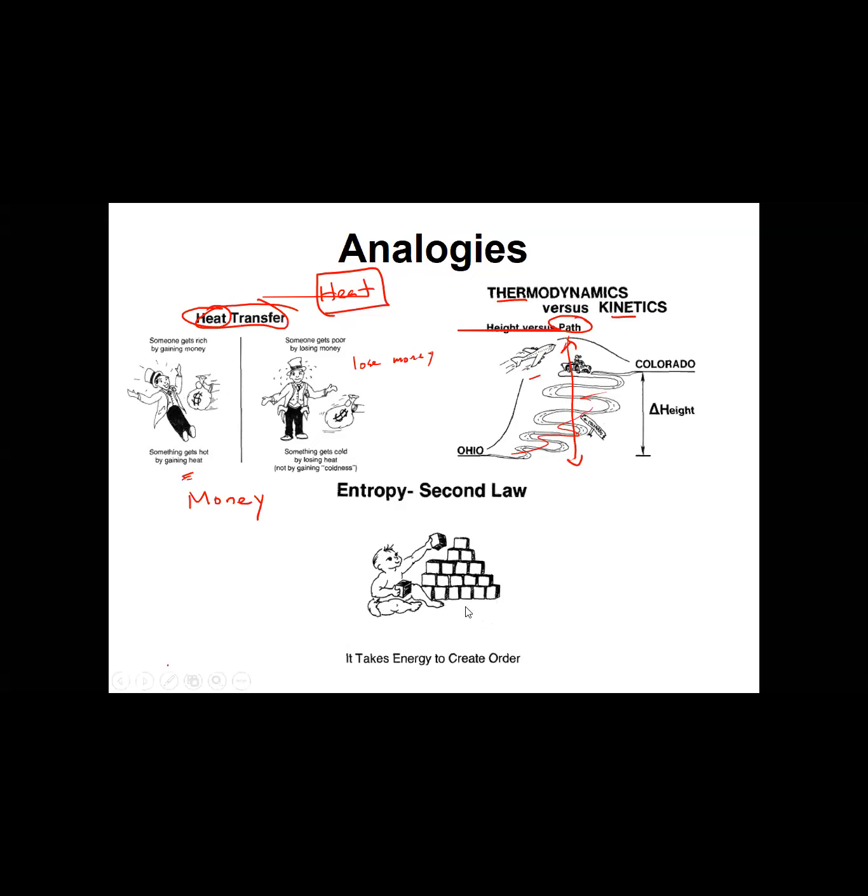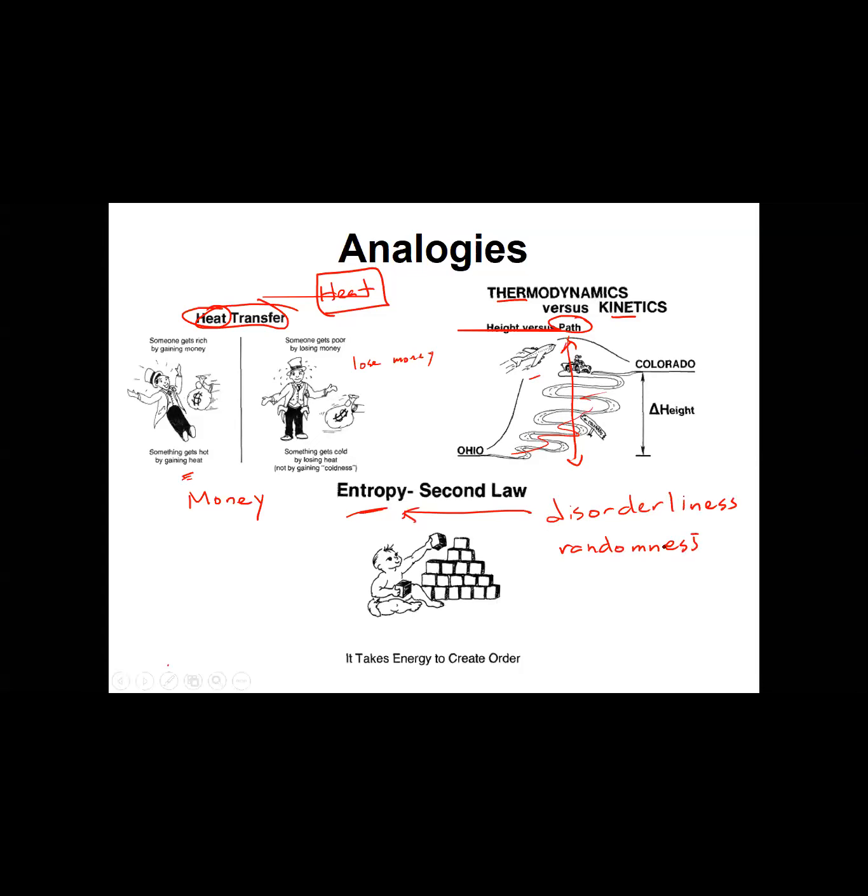And the last picture that we have here is entropy. So entropy, as I told you, is a degree of disorderliness or the so-called randomness. So what is the second law about?